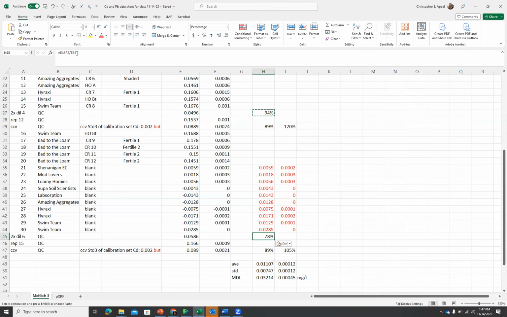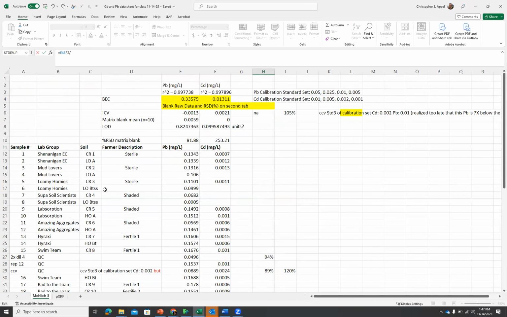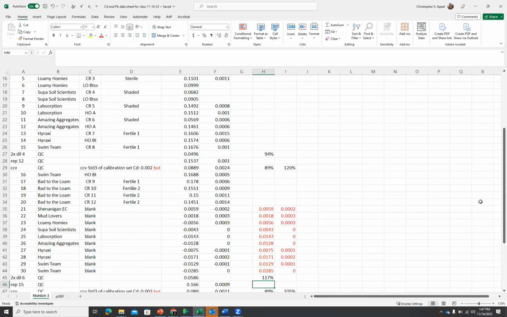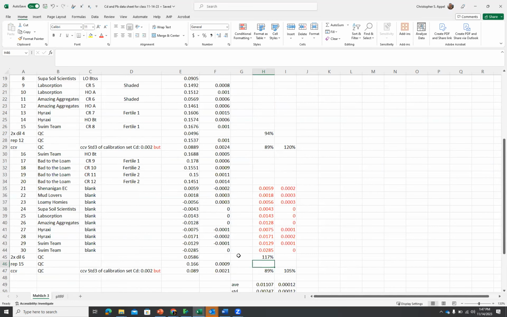So I need to go and pick my undiluted sample for sample number 6 for lead, which is this one here. And we can't, unfortunately, do it for cadmium because the diluted measurement was below our detection limit. So all we have are values for lead, unfortunately. But you just got to go with it and be okay with it and let it go.